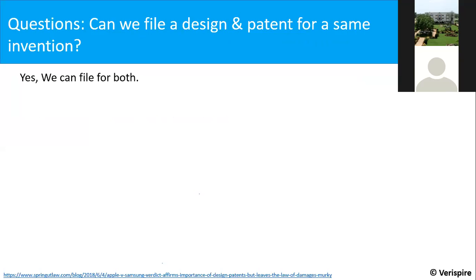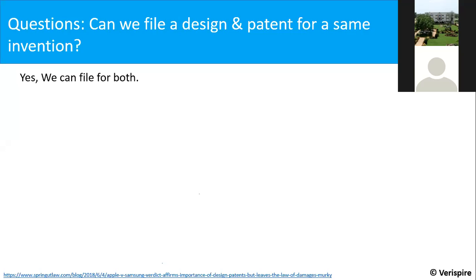I'll take that question. In jewelry, suppose we have a bracelet. First, we can file for a design for the bracelet. And secondly, we can file another patent application, not a design application, on how the bracelet is working.